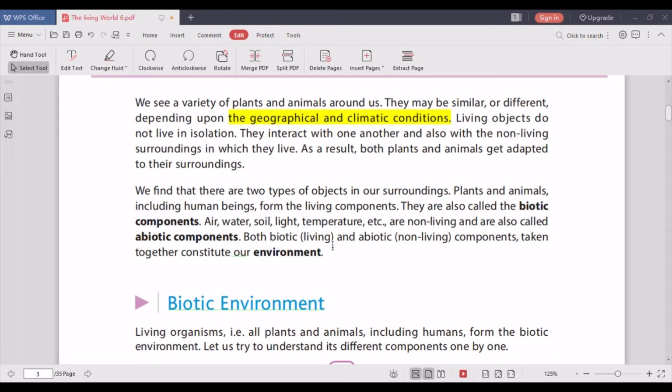Both biotic (living) and abiotic (non-living) components taken together constitute our environment. When we combine these two components, we form the environment.